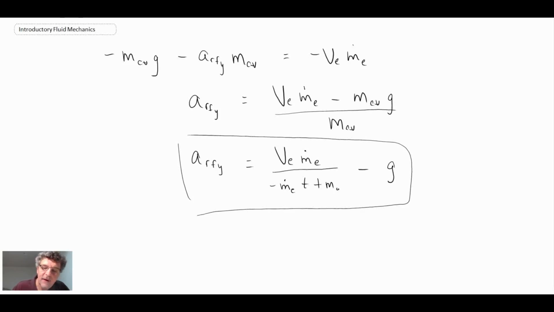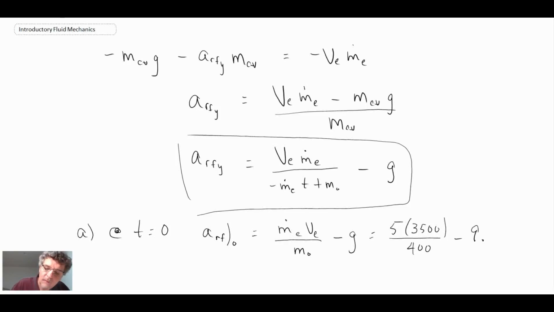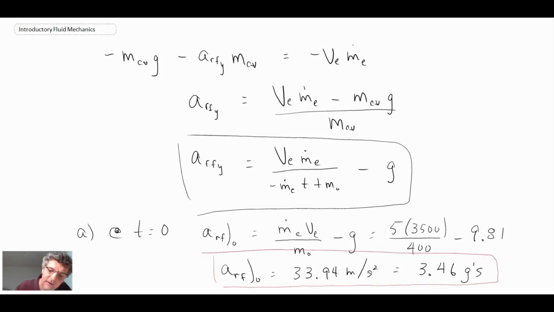And we were asked to find the initial acceleration. So for part A, we have at time t equals 0. What you find, plugging in the values, is that right at the beginning of the liftoff of the rocket, the acceleration is 3.46 Gs. And the second part we were asked to find was the velocity as a function of time.